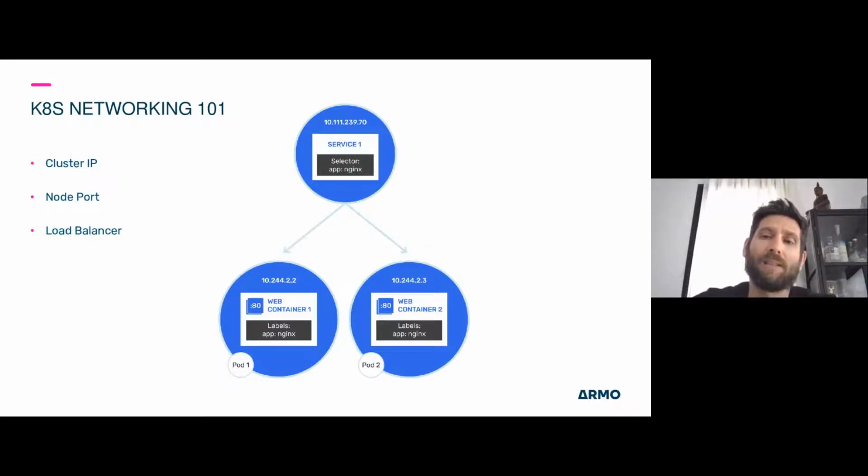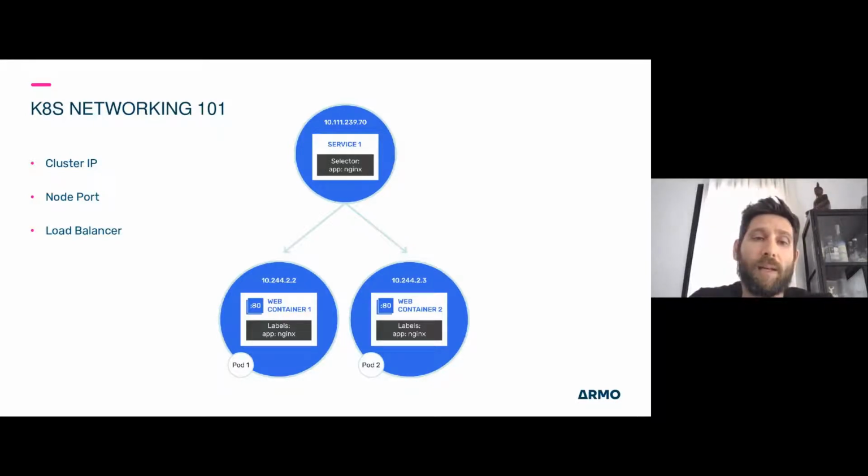Then there is an external entity that routes or load balances the traffic to the node port address, and when it gets to the node port address, it will be routed according to the service definition to the relevant pods based on the current state of Kubernetes. I mean, if it has 1 pod or 10 pods, it doesn't really matter.